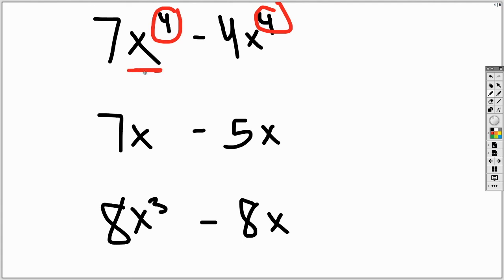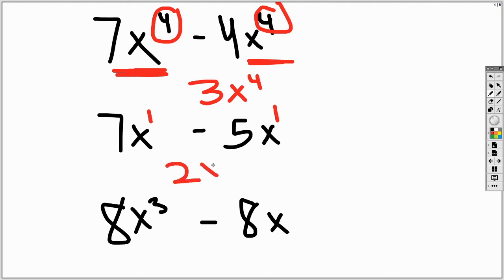So it's 7x to the power 4 minus 4x to the power 4, 3x to the power 4. 7x minus 5x, remember those imaginary ones, 2x or 2x to the power 1. 8x cubed minus 8x, most simplified way. We cannot subtract them, right? Because there's no 3 here. It's a 1 here, which makes us different exponent values.